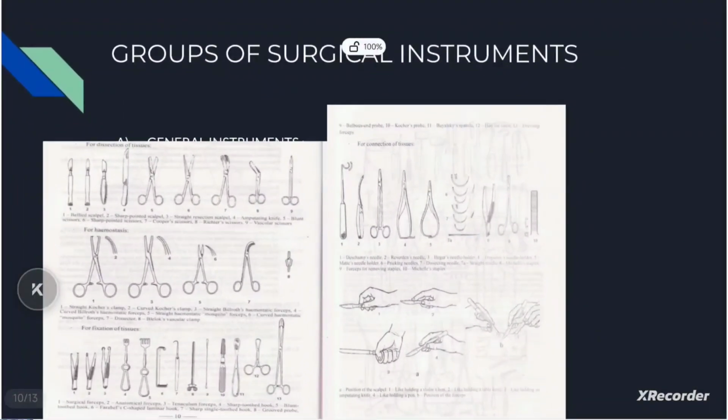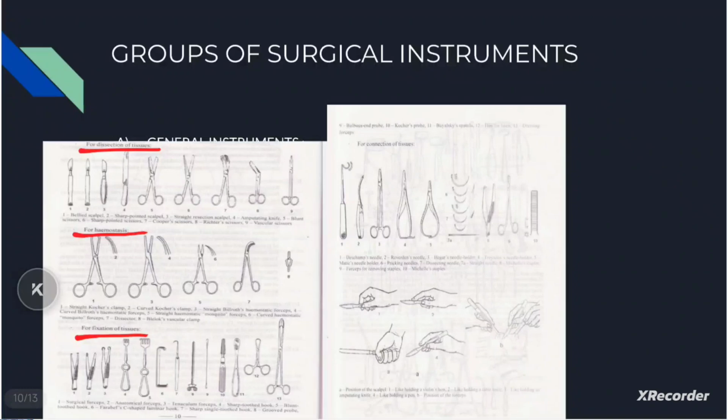Groups of surgical instruments. There are two: general instruments and special instruments. General instruments are of three kinds: for dissection of the tissue, for hemostasis, and for fixation of the tissue.